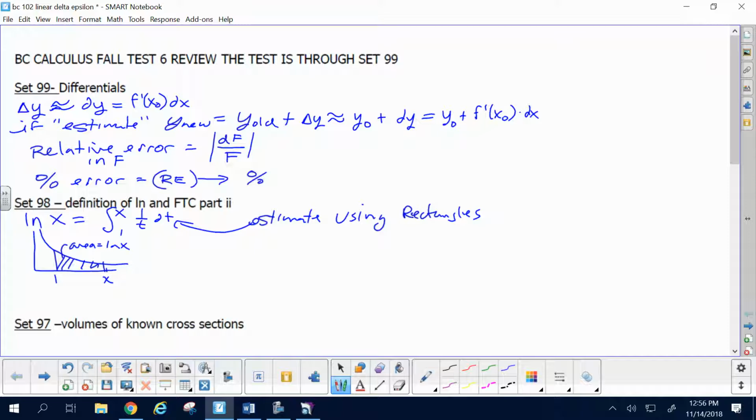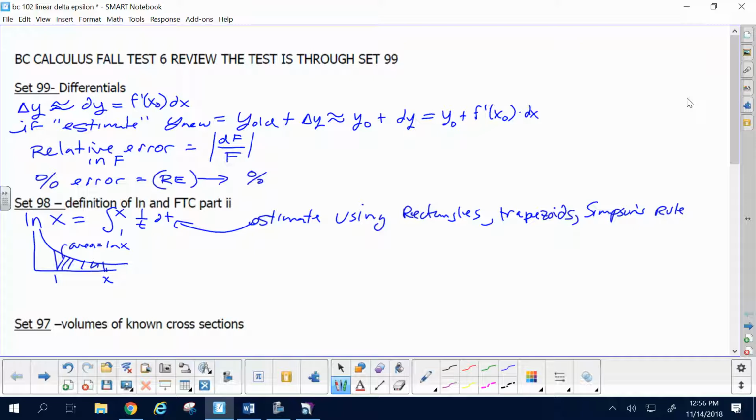If it said with accuracy within 1/100 or something like that, you'd have to use a method you have an error bound for, which is trapezoids. Okay? You could also use, if they didn't say error, Simpson's rule, which would actually be the most accurate. All right?